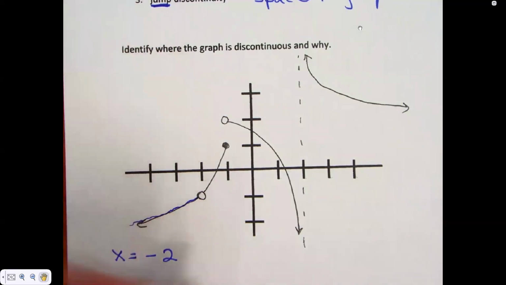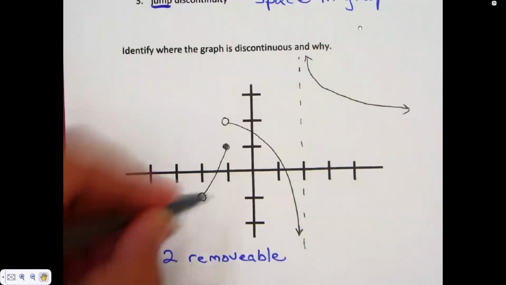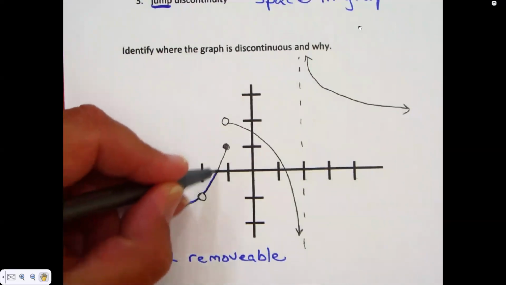If you just want to say removable, I should say the reverse, right? If you say hole, that's fine. I think there's probably something on the homework where you have to choose, so you would choose removable as opposed to hole. But same thing, it's just different words. All right, so I go there. Now I keep tracing.